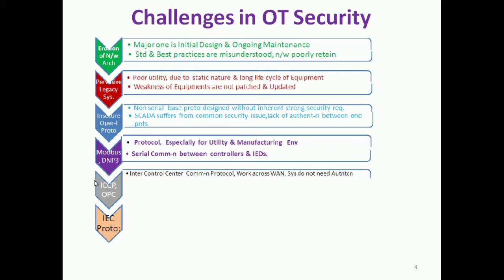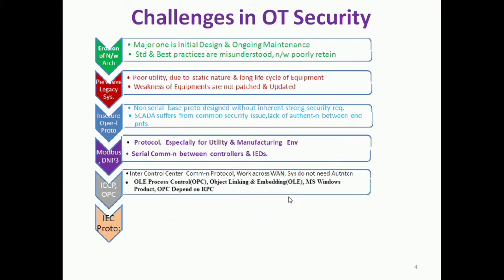One more is ICCP and OPC. ICCP is the Inter-Control Center Communications Protocol, and it works across wide area network systems and does not need authentication. So that may also be a challenge.